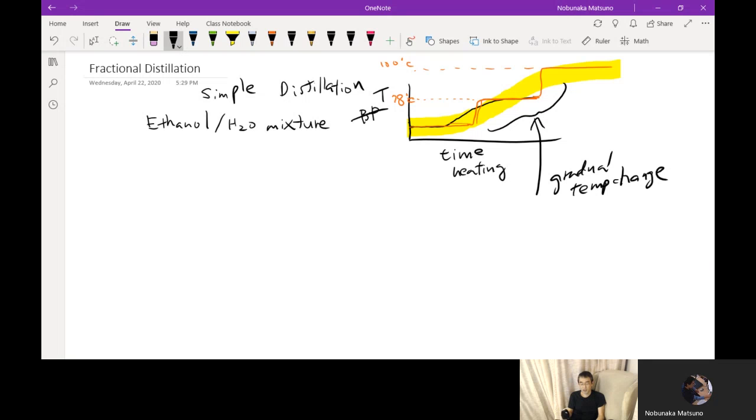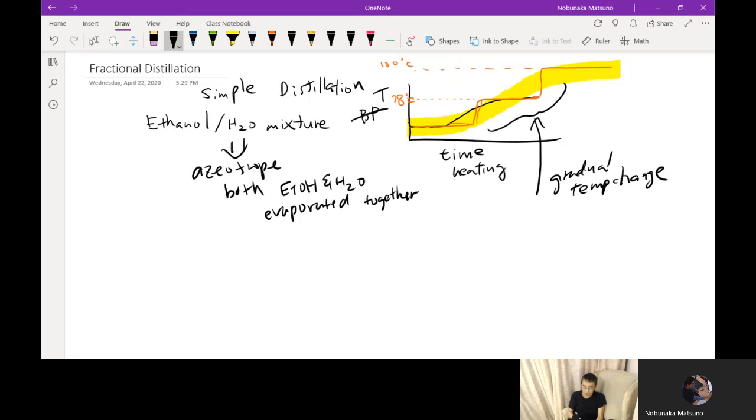which means that it forms an azeotrope, so both ethanol, EtOH, and water come out evaporated together, which we don't want.